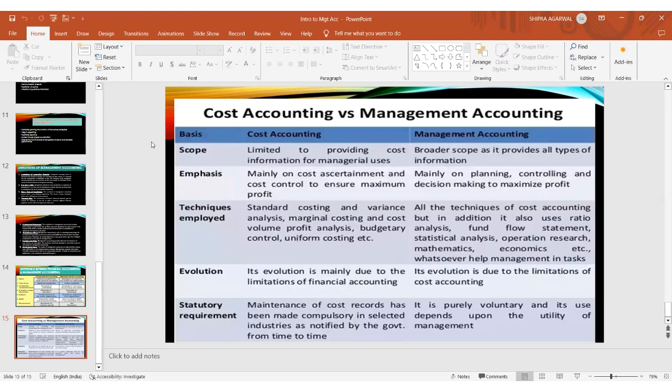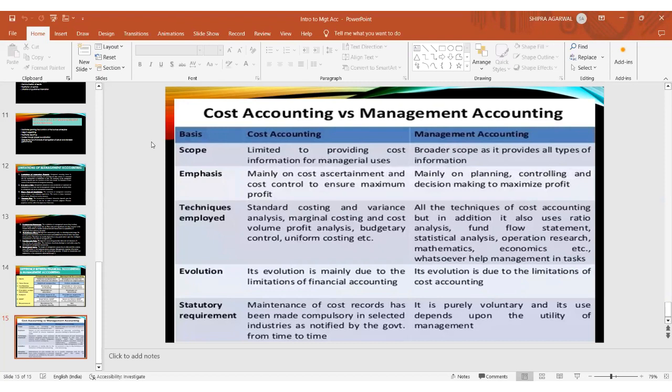Cost accounting came into picture because of the limitations of financial accounting, and management accounting came into picture because of the limitations of cost accounting. So ultimately, management accounting came into picture because of the limitations of both financial as well as cost accounting. Because financial accounting was just telling you the profit earned or loss suffered.